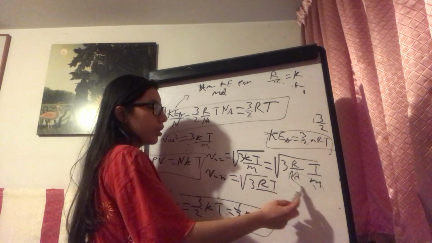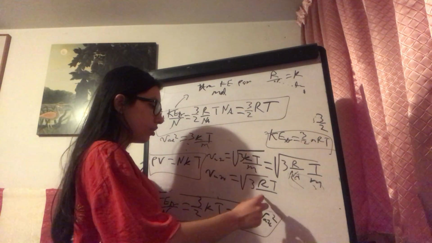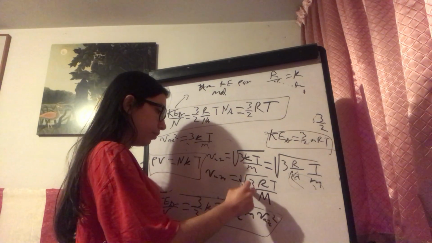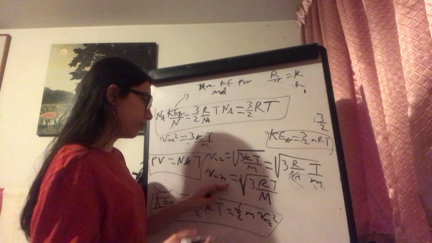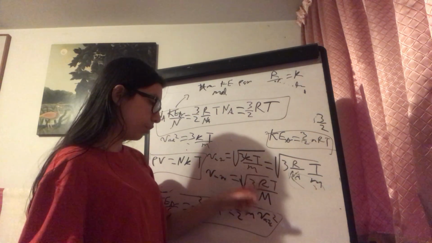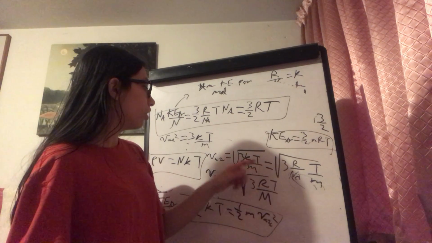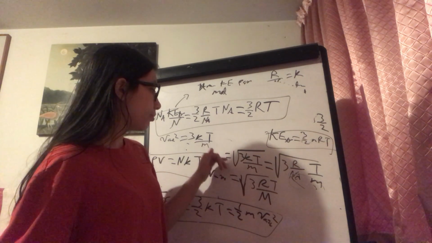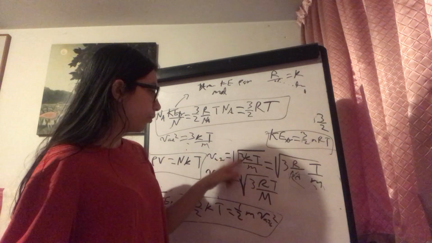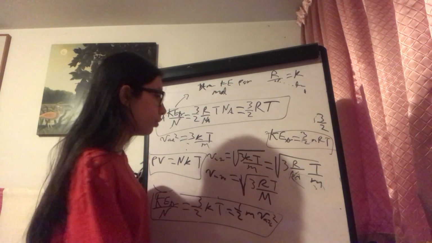So when we multiply this, we have the mass of a mole of this gas, capital M. So we have that the average velocity is either the square root of 3 times the universal gas constant times the temperature divided by the molar mass, or the average velocity is equal to the square root of 3 times the Boltzmann constant times the temperature divided by the mass of just one molecule.